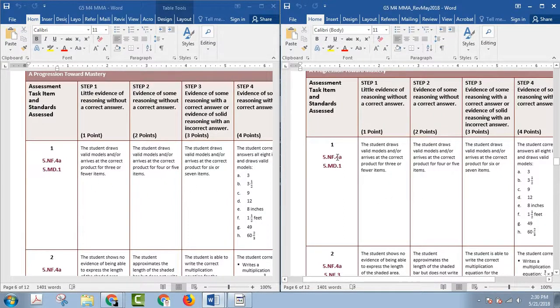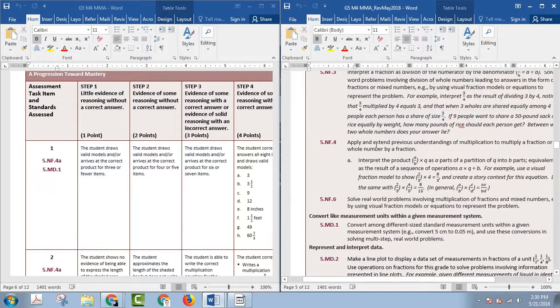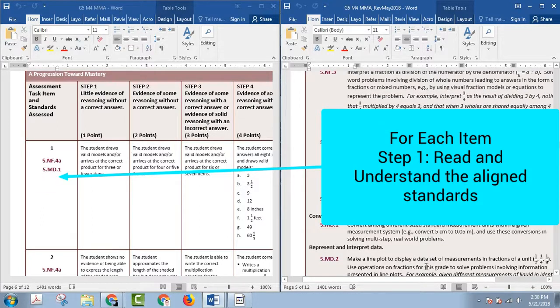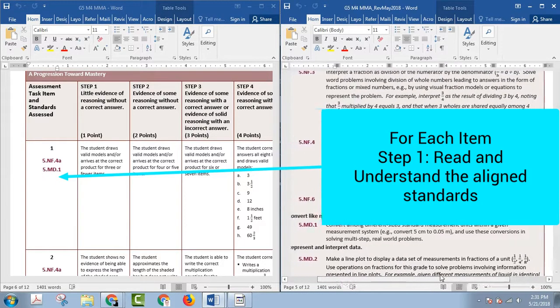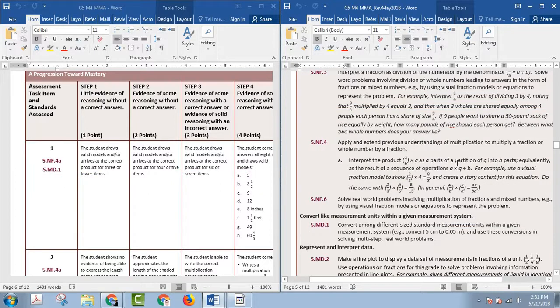So item 1 is 5.NF.4a and 5.MD.1. NF.4 is: apply and extend previous understanding of multiplication to multiply a fraction or whole number by a fraction. So multiplying a fraction by a fraction, or a whole number by a fraction.